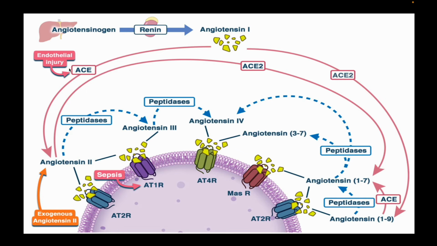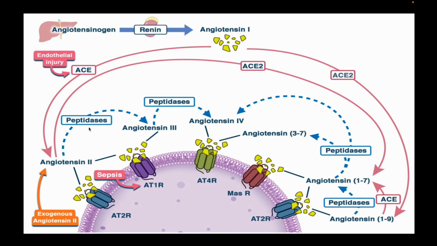First is by reducing the ACE level, the second is by reducing the AT1R receptors. So, this results in what is called the vasodilatory shock. This pathway that I have described till now is called the canonical or the regulatory pathway. And there is a counter-regulatory pathway, which is this side, which I will explain now.